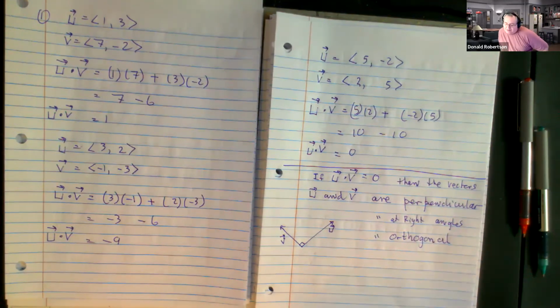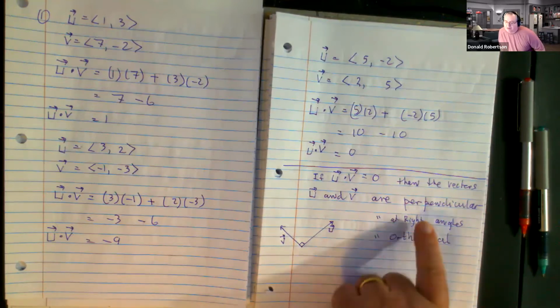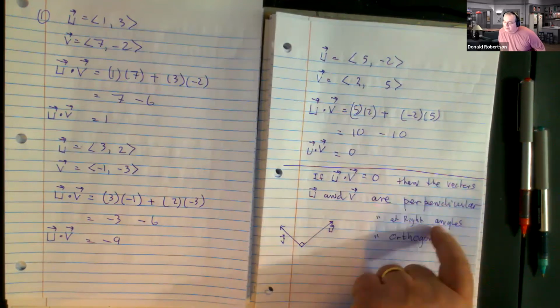Has anybody heard or seen the term orthogonal before? No. Orthogonal is the term that we like to use when two vectors are at right angles or perpendicular. These are all the same thing, they're just different names.